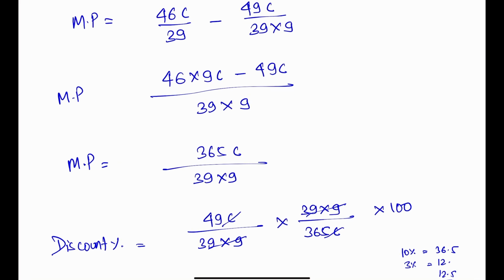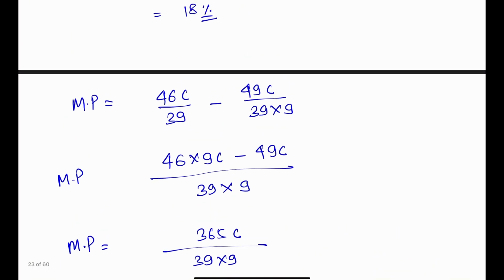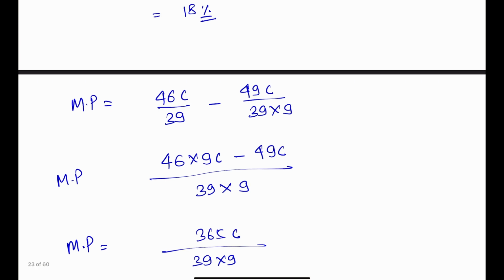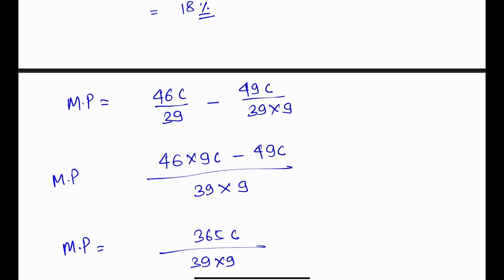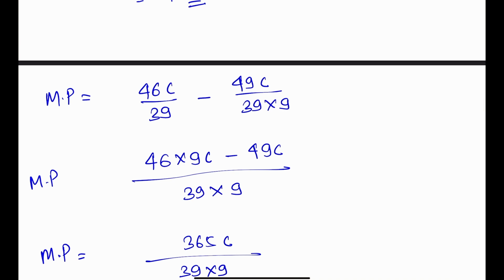So my mark price, wait, I did some mistake. My mark price will be more now. Here is the conceptual mistake. I'm doing a blunder. Here it should be plus.